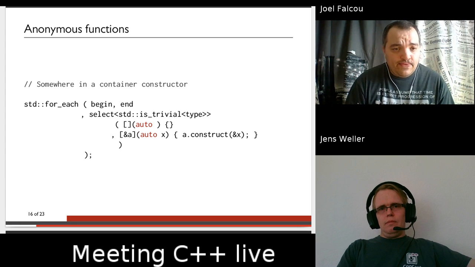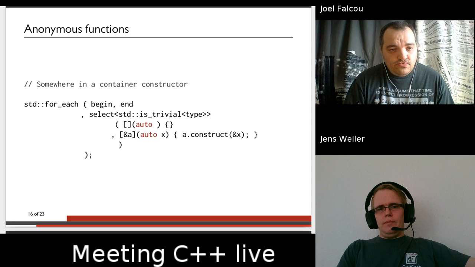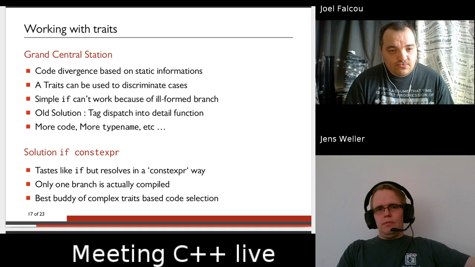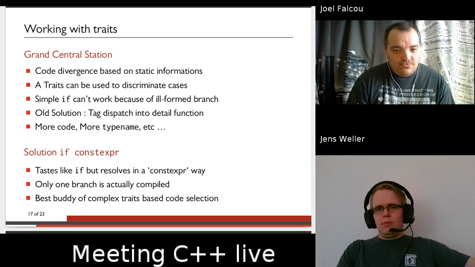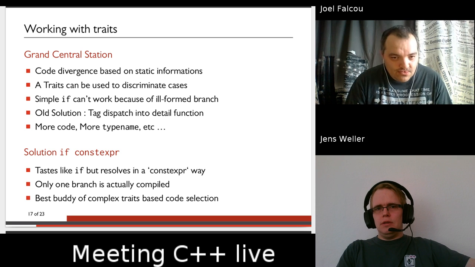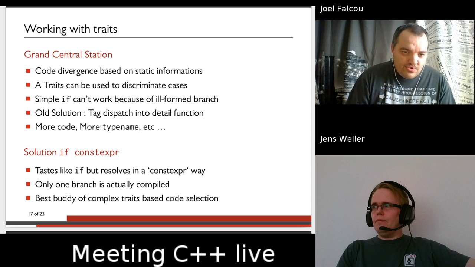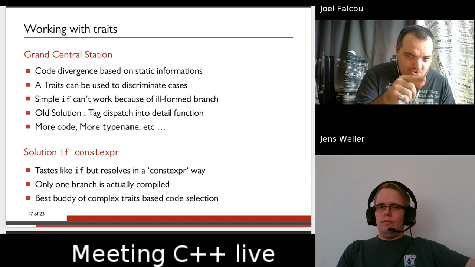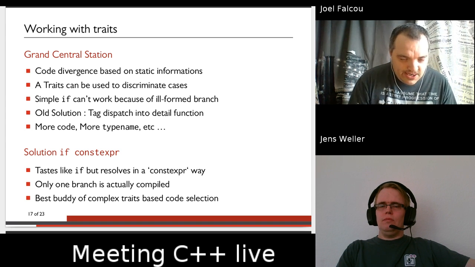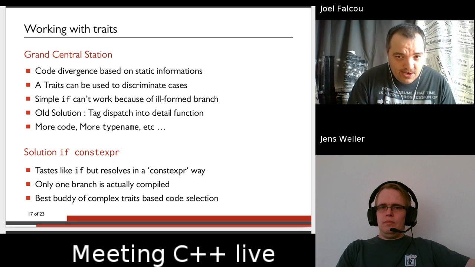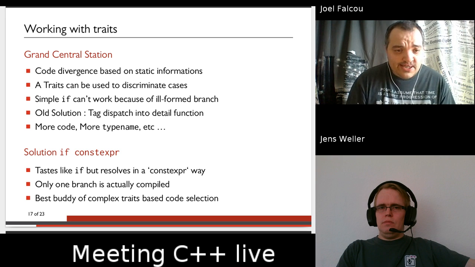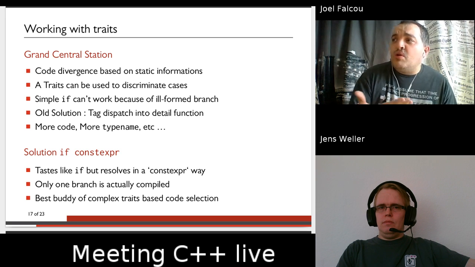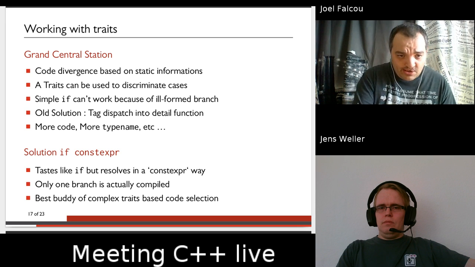And now where do we see constant expression coming into here? Well, that's not actually where you really want to, I mean, it's not the use case where you want to be doing this all the time. So one thing this shows is that we need a way to express the fact that I want to select a piece of code at compile time.